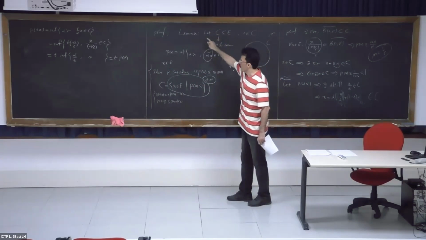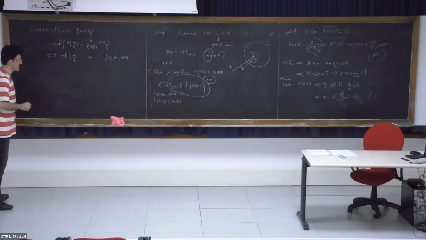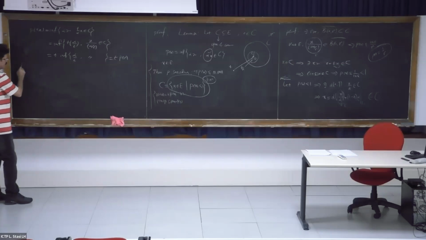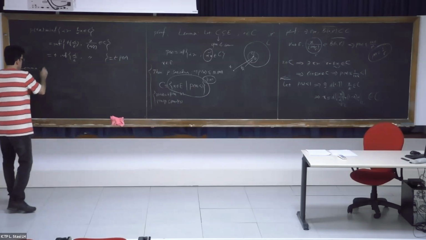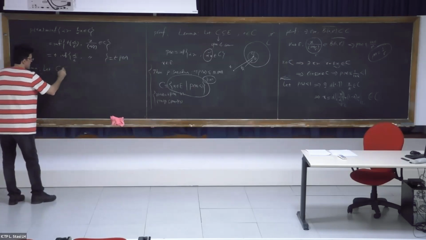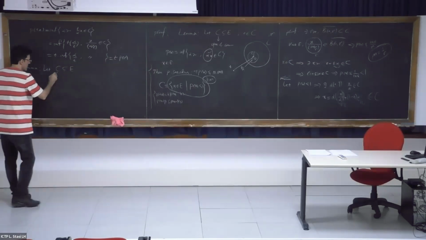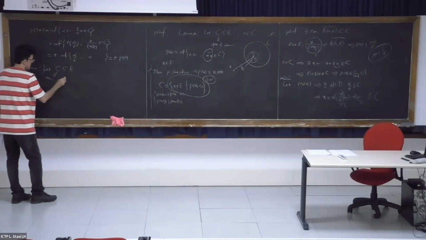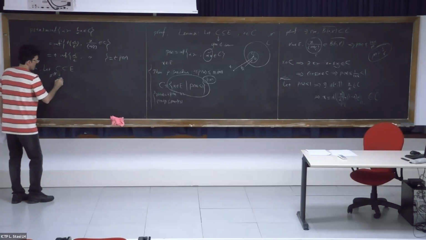We need another lemma to prove the first geometric form of the Hahn-Banach theorem, this lemma. Let C be a subset of E with these properties: non-empty, open, and convex.